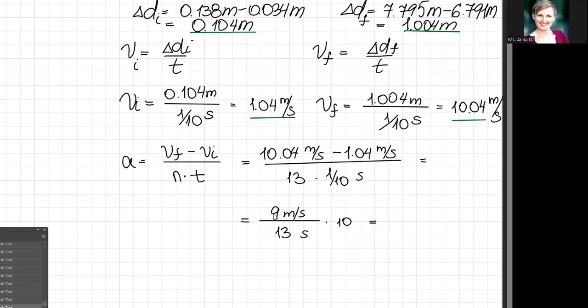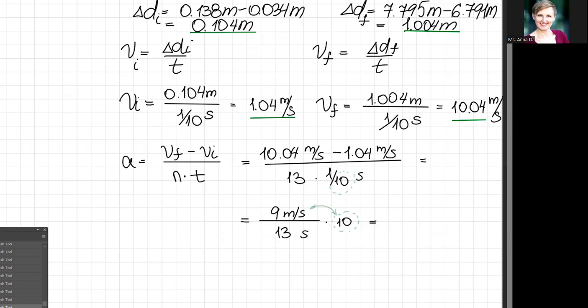And then here's the secret move. This value, 1/10 of a second, yes, it can be converted to decimal, but for example, for 1/50th or 1/60th of a second, that decimal becomes so small. Instead, this 10 actually belongs to the numerator, and you can multiply 9 by 10 and then divide by 13.